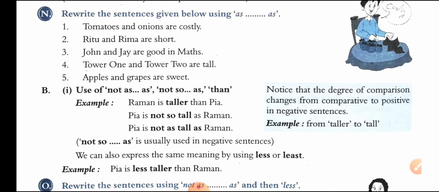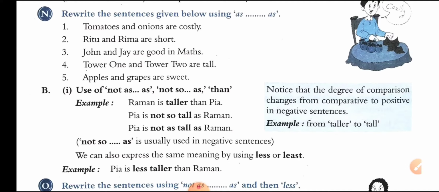So Tower 1 is as tall as Tower 2. Question 5 is apples and grapes are sweet. So apples are as sweet as grapes, because apples and grapes both are plural. That's why are is are here.